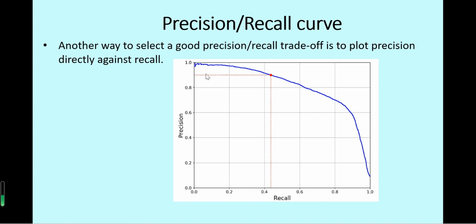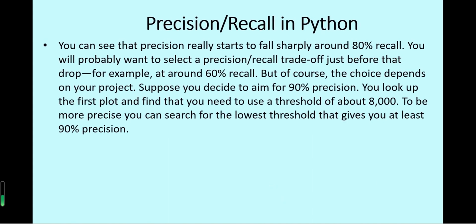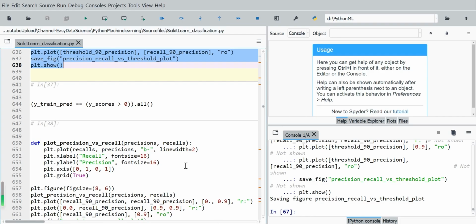Another way to select a good precision recall trade-off is to plot precision directly against recall. We can also do it in Python.